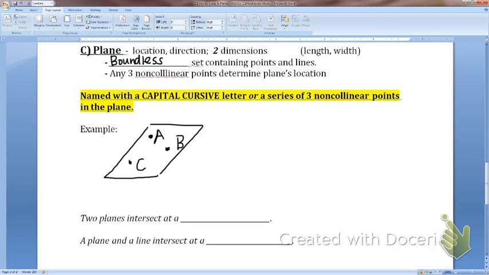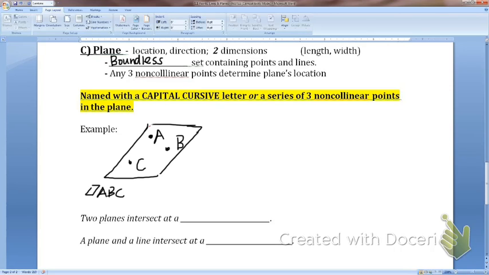Notice that the points that I drew were not on the edges. Sometimes students draw points like this when they're drawing a plane. I don't want you to do that. That is not how we label a plane, okay? Planes are labeled with points that are inside the plane. All right, so then if we wanted to write it out, to label it, we could say that this is plane, we draw a little symbol, A, B, C. But it doesn't have to be in ABC order.